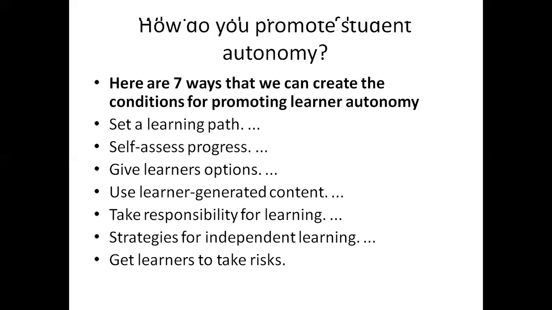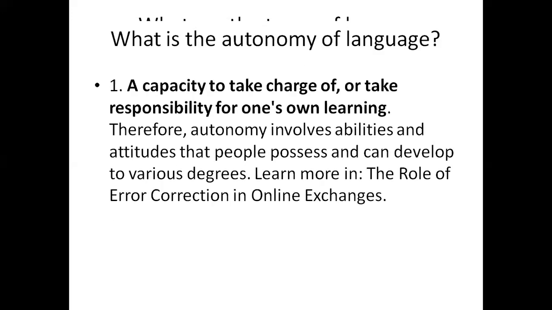Whether he or she has done that thing exactly or not, that is the risk. And also the challenge, whether he or she can learn the thing he or she wishes to. And a capacity to take charge or take responsibility of one's own learning.